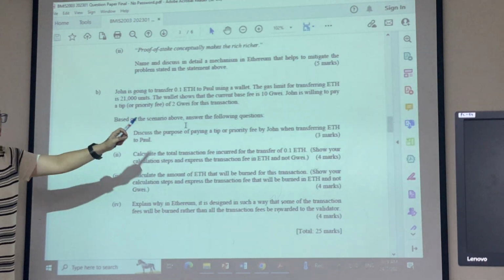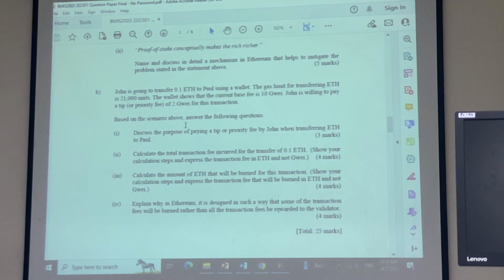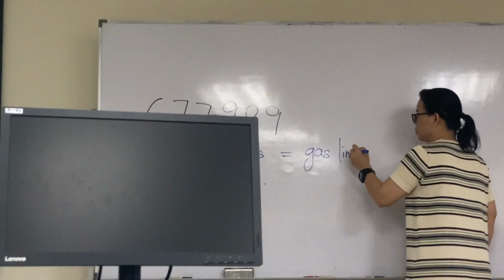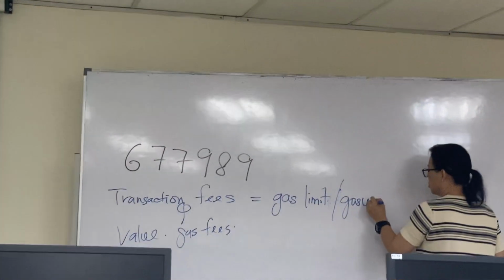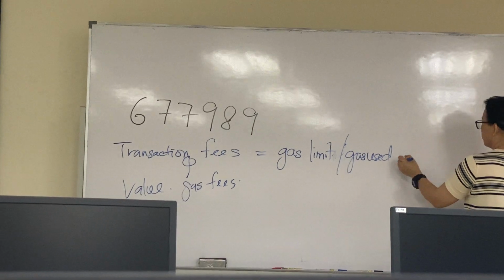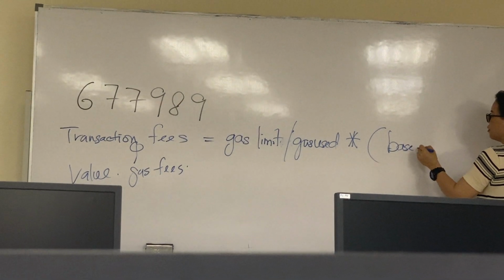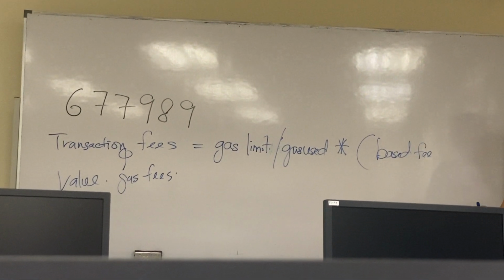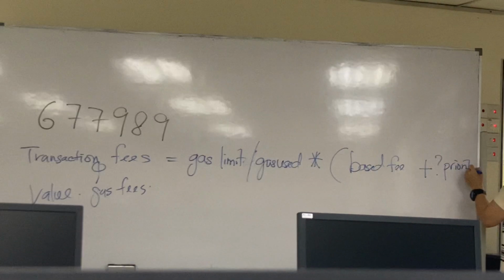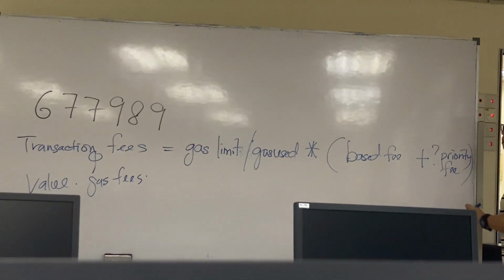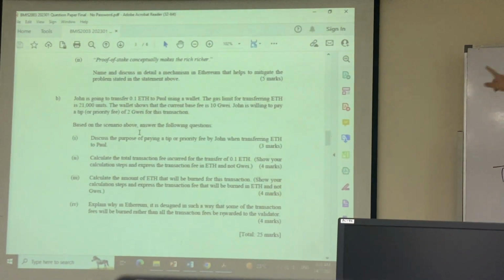So now the transaction fee is referred to as gas limit, or gas used, multiplied with your base fee, plus any priority fee.